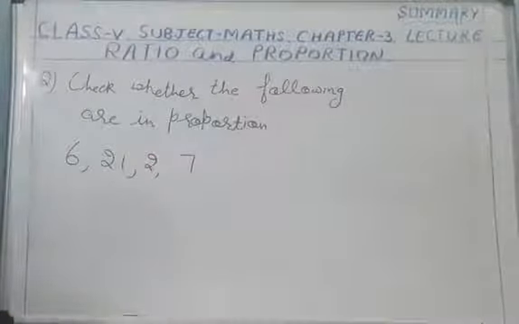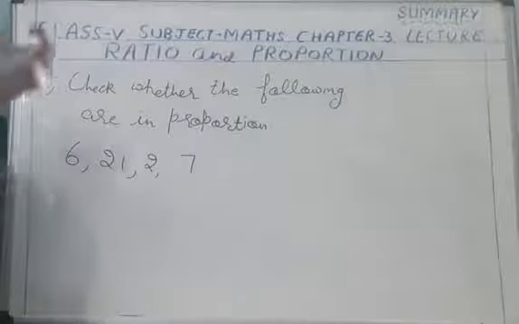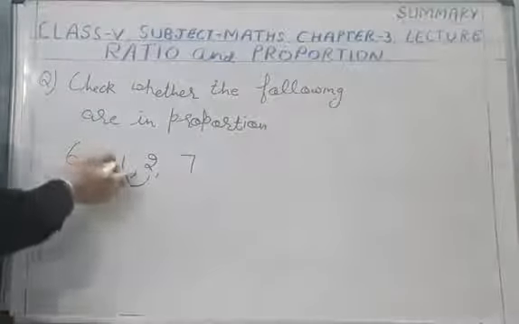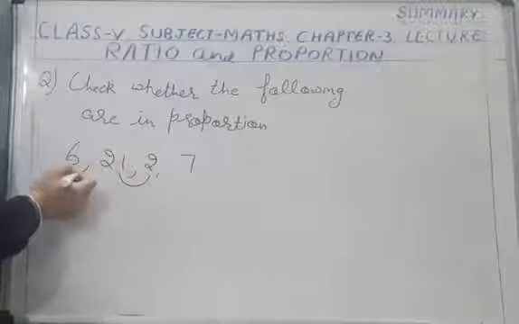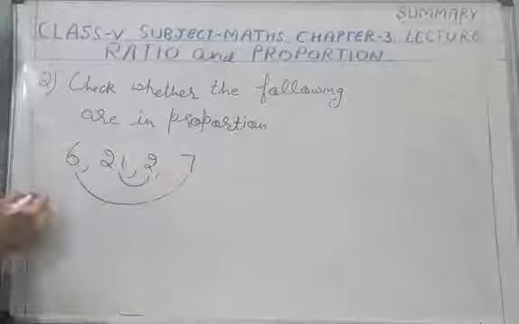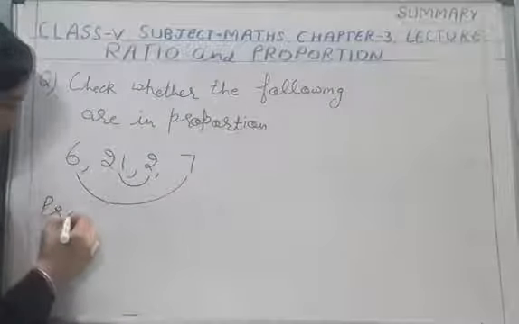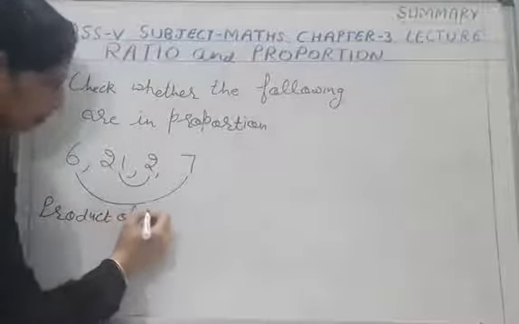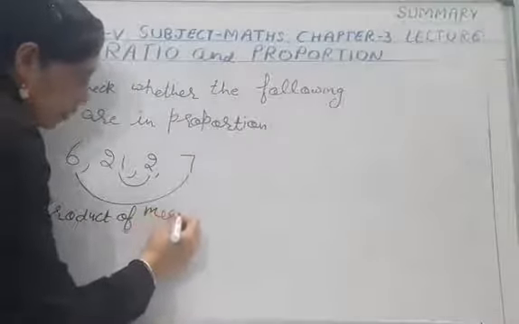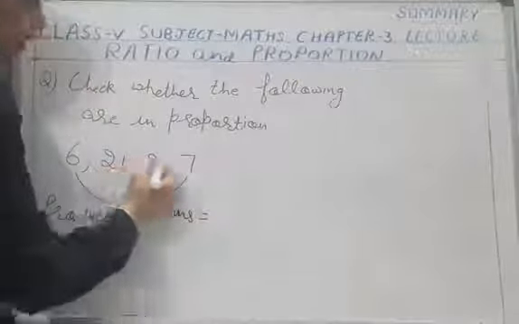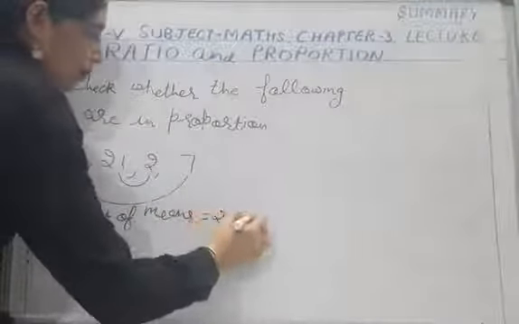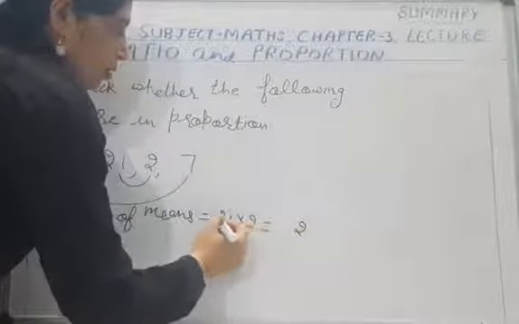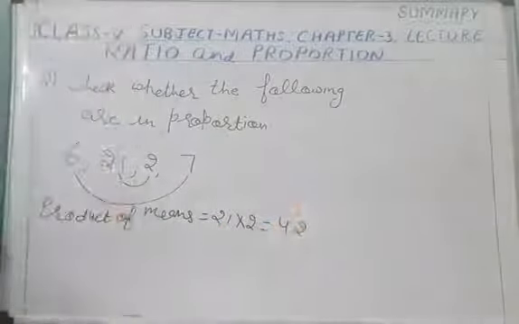Now what we will do? We will do multiplication. Whose multiplication? These two multiplied. These are known as means. And these are extremes. So to check, first of all, we will find out product of means is equal to 21 into 2. 21 2s are 2 1s are 2, 2 2s are 4, 21 2s are 42.